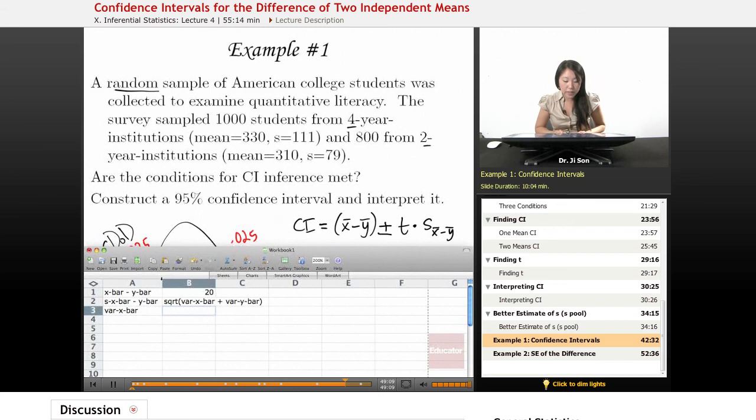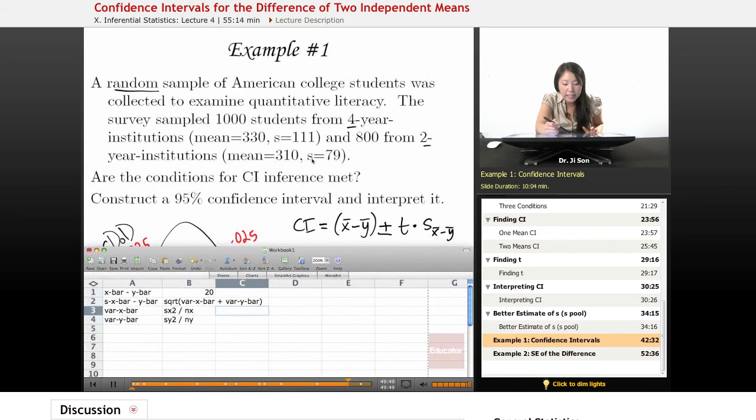Well, the variance of x bar is going to be s sub x squared, right, divided by n sub x. And the variance of y bar is going to be s sub y squared divided by n sub y. Right? Okay, so I wanted to write all these things out just because I need to get to a place where finally I could put in s, right?